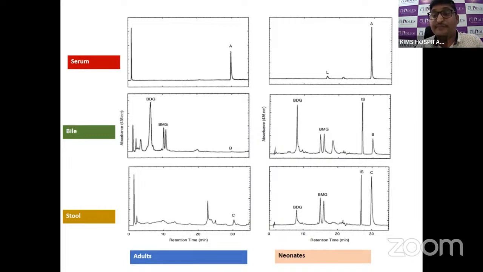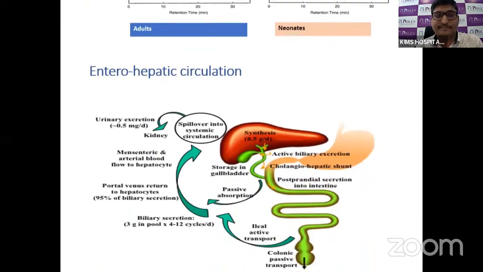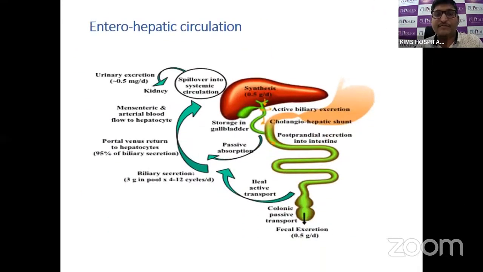The other is the immaturity of the liver and enzymes, which leads to decreased conjugation and increased bilirubin levels in the neonates. So here we can look at the enterohepatic circulation. This is overall the bile synthesis and secretion, but we know bilirubin is one of the constituents of the bile.